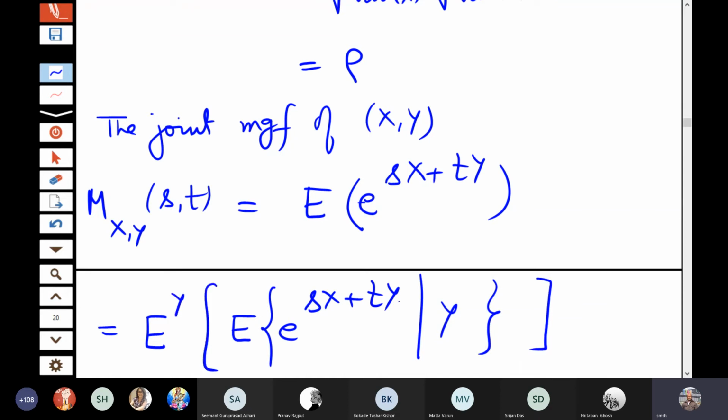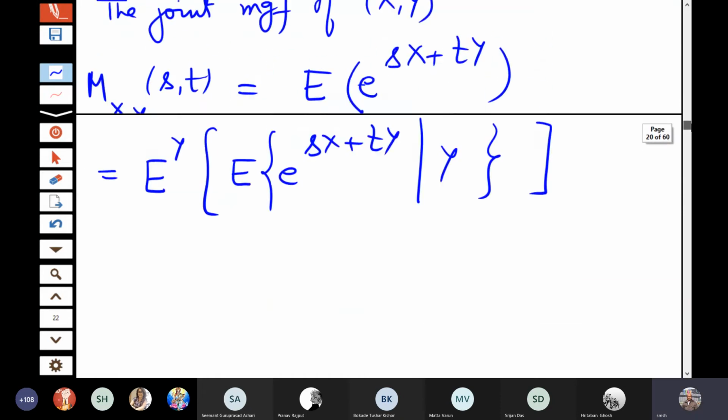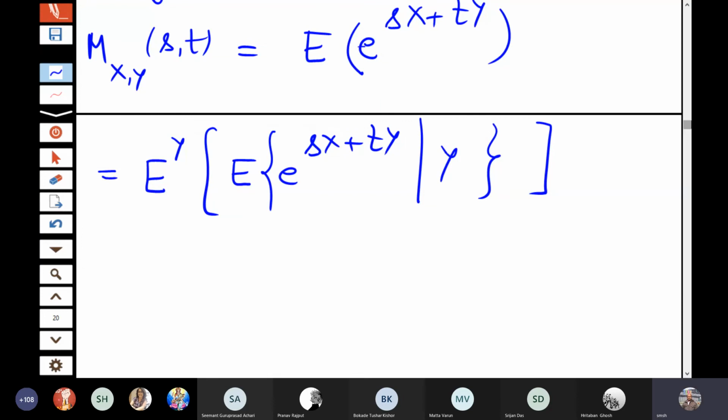The second expectation is with respect to the marginal of y. So we can write this as expectation of, if y is fixed, e to the power ty I can keep outside, and I get expectation of e to the power sx given y.